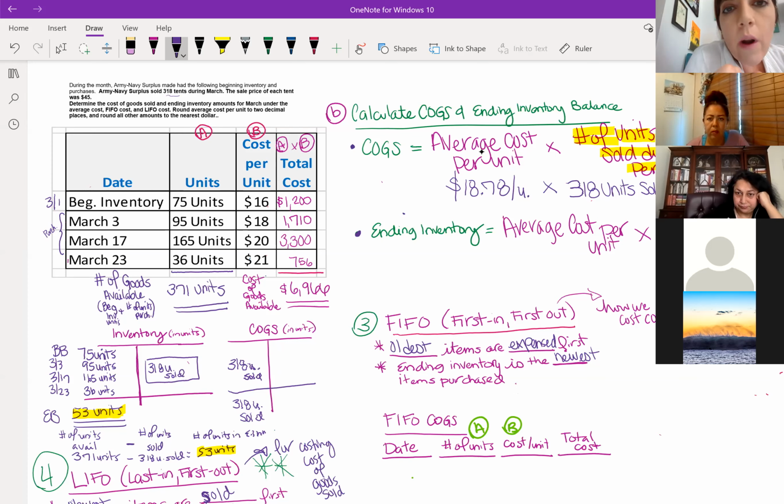Ending inventory represents what's still left over, what's still on hand available for the next period. It's what we're not expensing this period because we didn't sell those units.